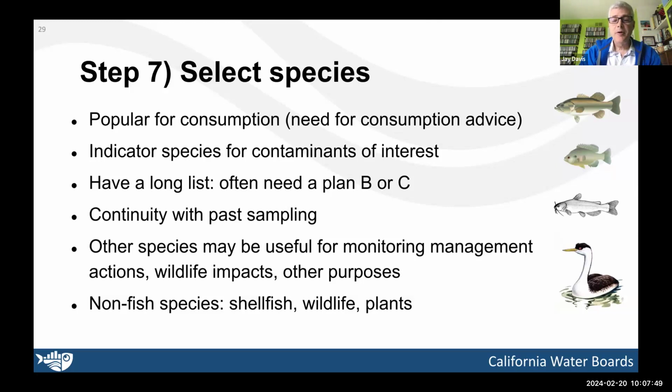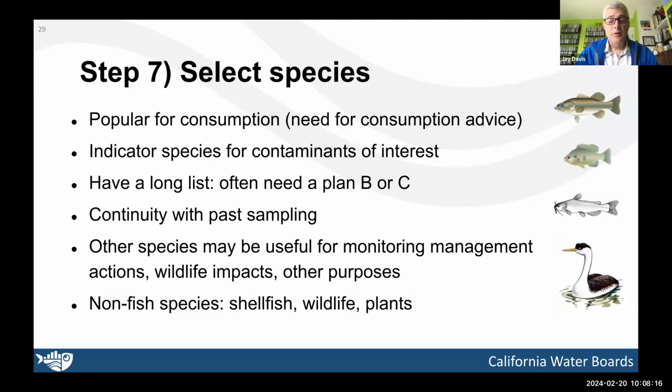So it's good to have primary target species and secondary target species. You need to have a plan B or a plan C in case whatever species you're targeting is hard to get or not present. Another factor is considering what's been sampled before and repeating the same species so that you can look at trends.